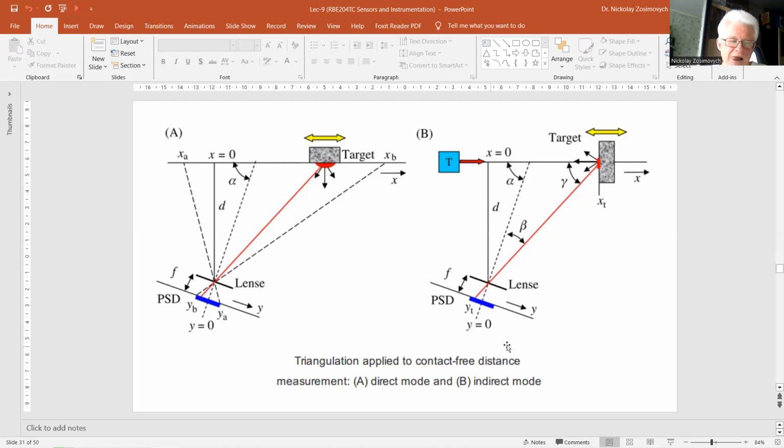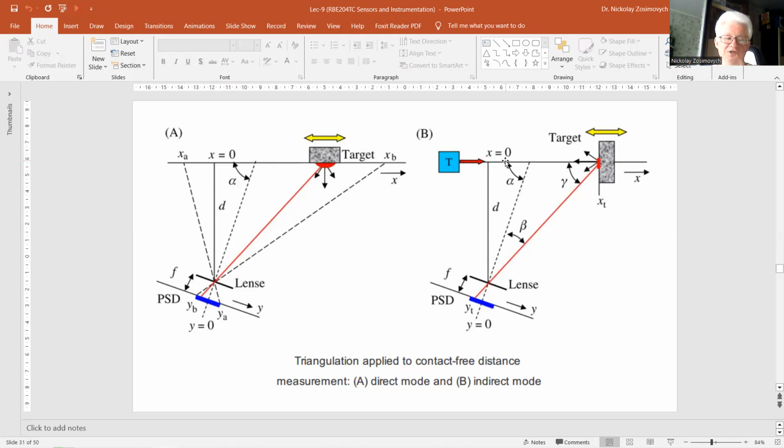And figure B gives a configuration in indirect mode. A light beam from a laser source has a spot on a suitable, well-defined point at the movable target. And you can see here, on this movable target, it moves in the horizontal plane, and part of the scattered light is projected onto the PSD.